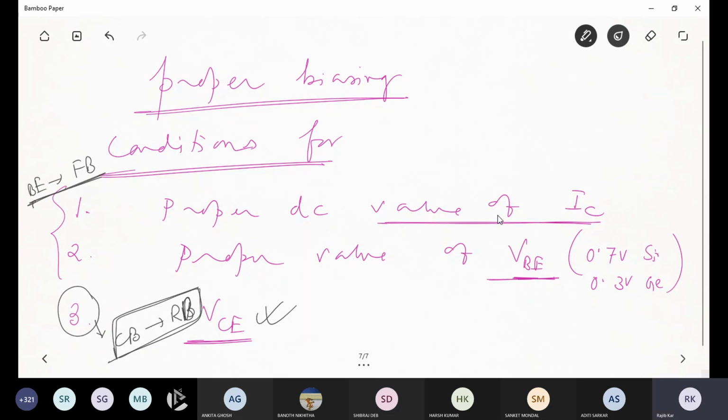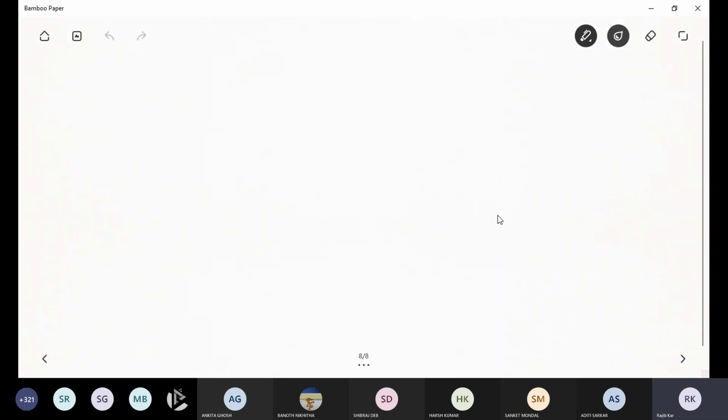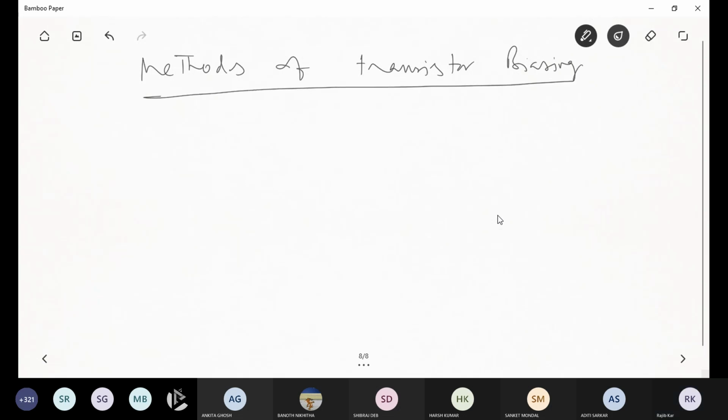Now there are different nomenclatures given for the different circuit elements. We can write down the methods of transistor bias. Different bias circuits will have different values of S, that is, the stability factor, and the best circuit will be the one which leads to an S value nearly equal to 1.